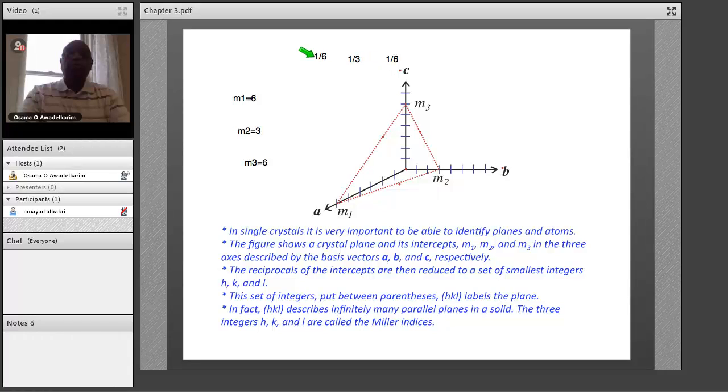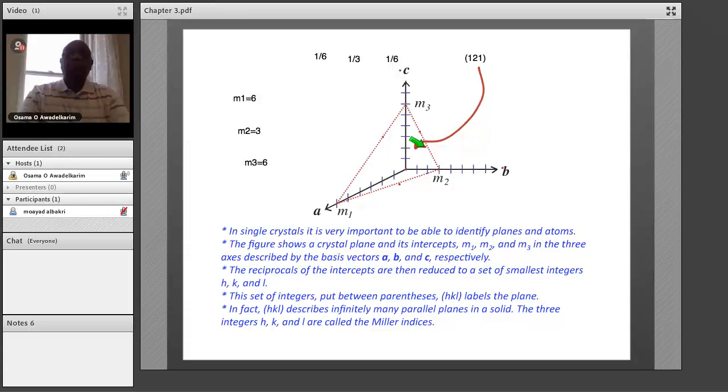If we try to make these integers, we multiply by 6. So 6 times 1/6 gives 1, 6 times 1/3 gives 2, and 6 times 1/6 gives 1. Then we put this in brackets like this, (1 2 1). So (1 2 1) is how we define this plane. This plane is called the (1 2 1) plane.